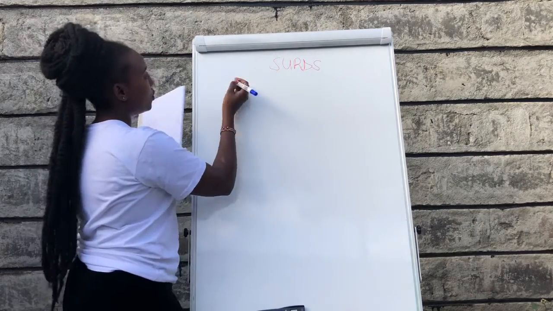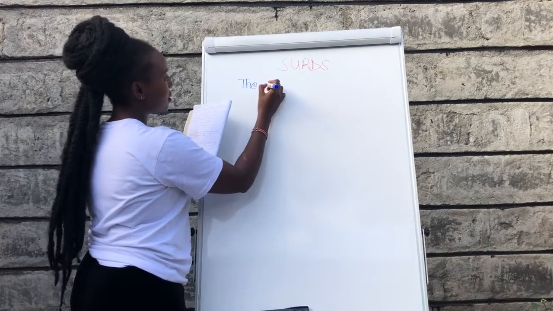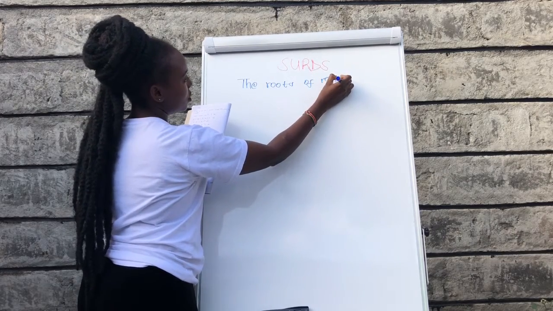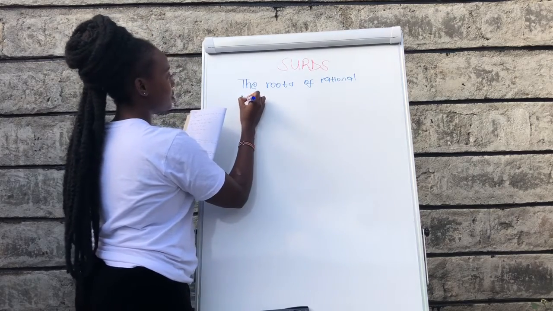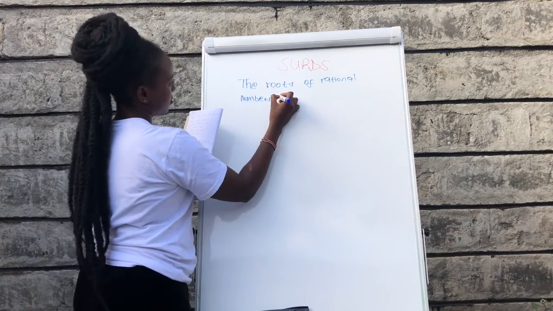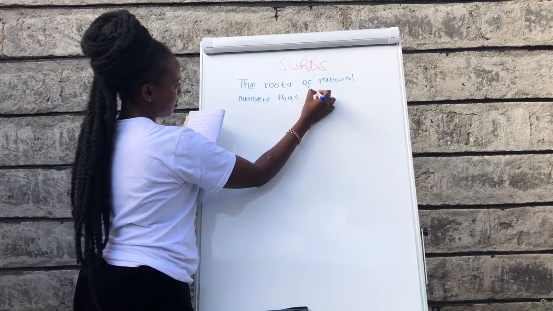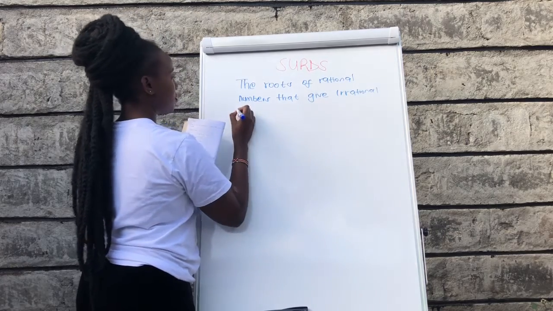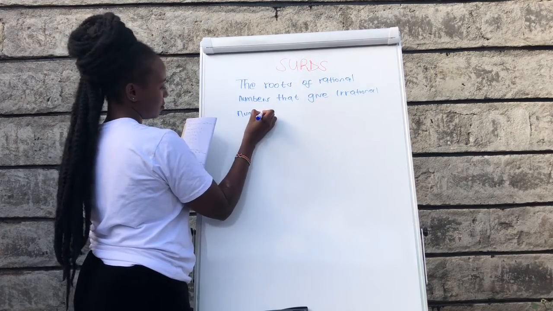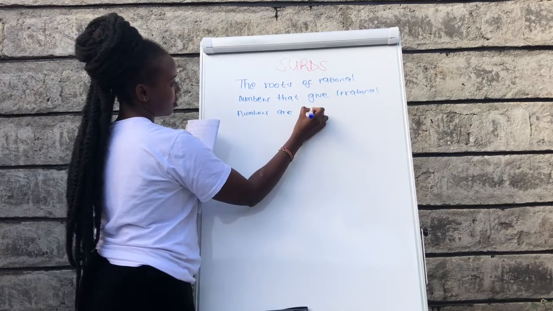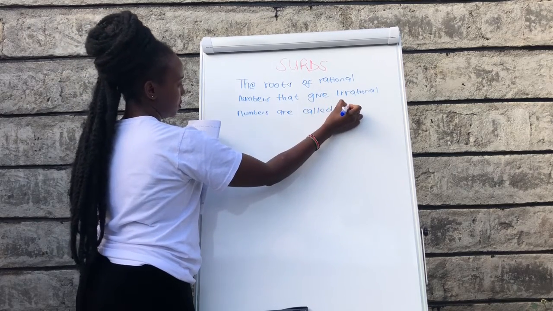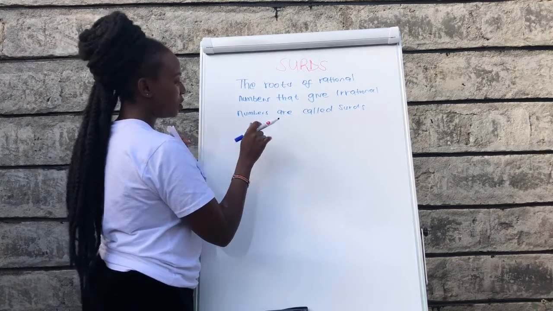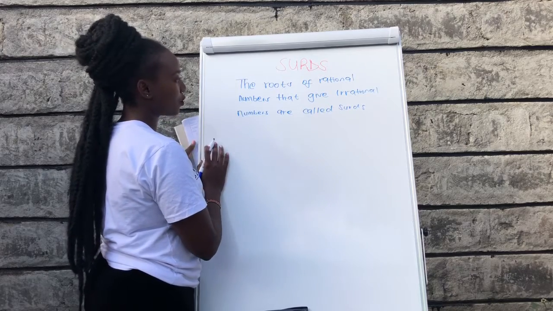So we know that the roots of rational numbers that give irrational numbers are called Surds.